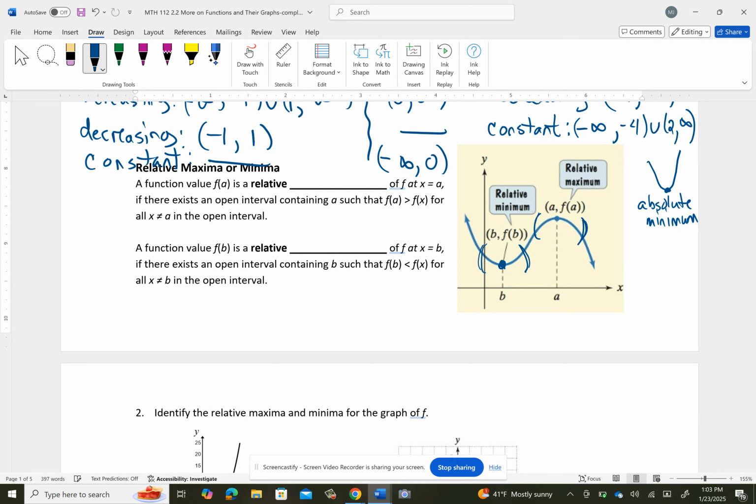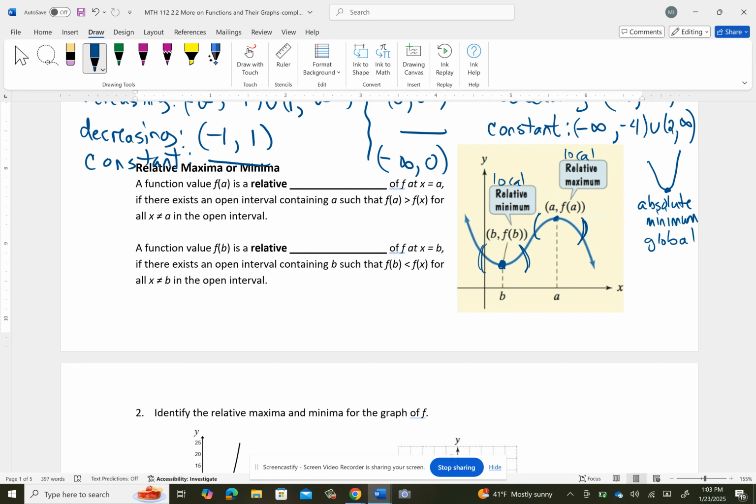And then here I could snip off a portion of the graph that would make that the highest point. So we could call that a relative maximum. Relative versus absolute. If you've had this before, you might have used the term local for relative, and for absolute, you might have used the word global. Local and global go together, okay?